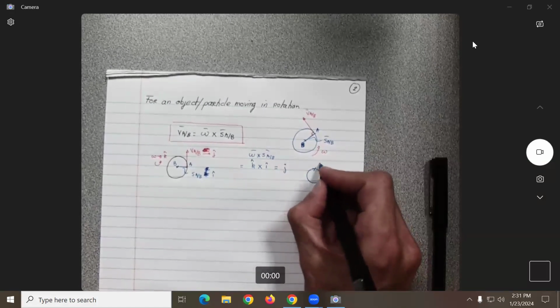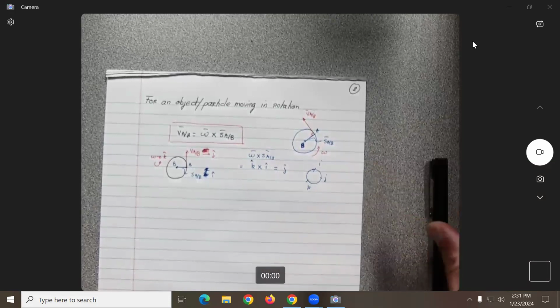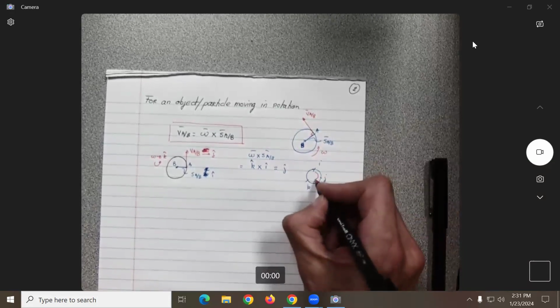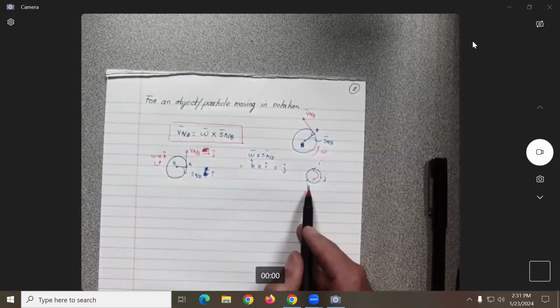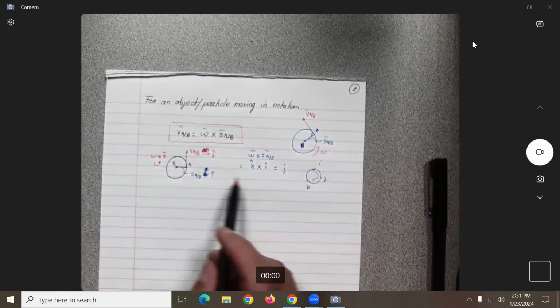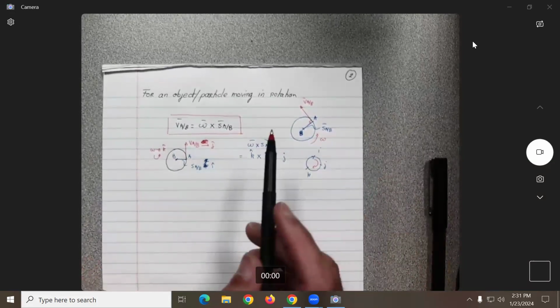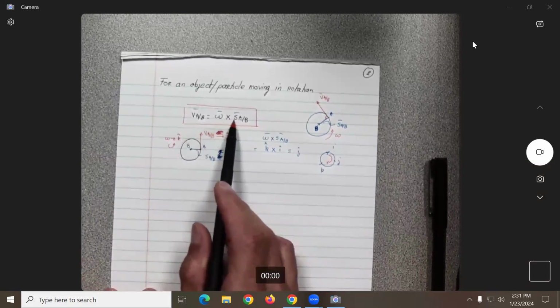Now over here you have I, J, K. I cross J gives K, no? K cross I gives J, no? Yep. So basically, the important thing is that we can rewrite the relative velocity as being omega cross S of A with respect to B.